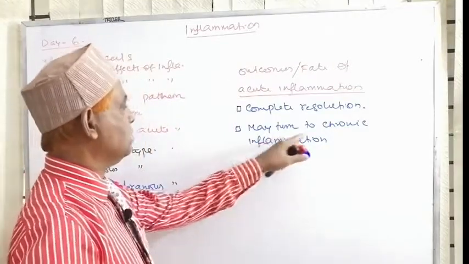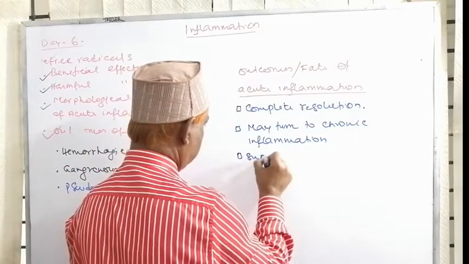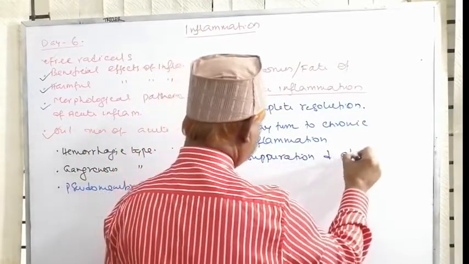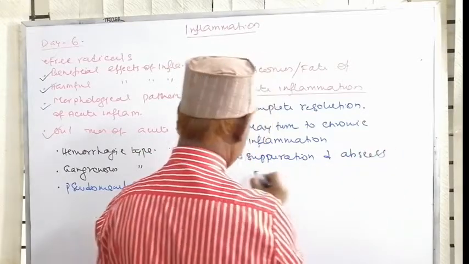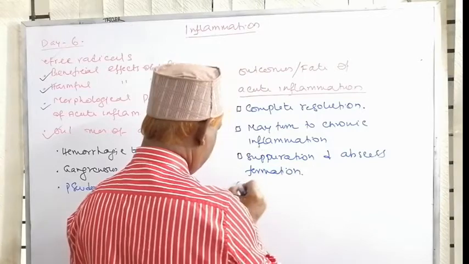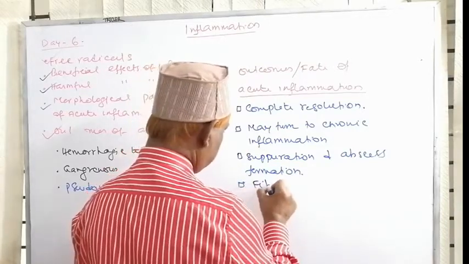Acute inflammation may turn to chronic inflammation. Suppuration and abscess formation. And sometimes fibrosis.